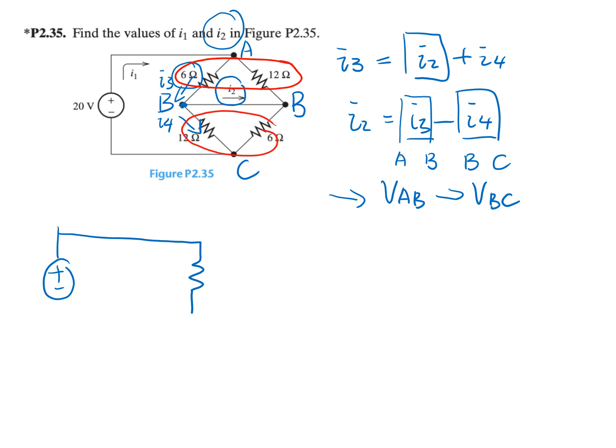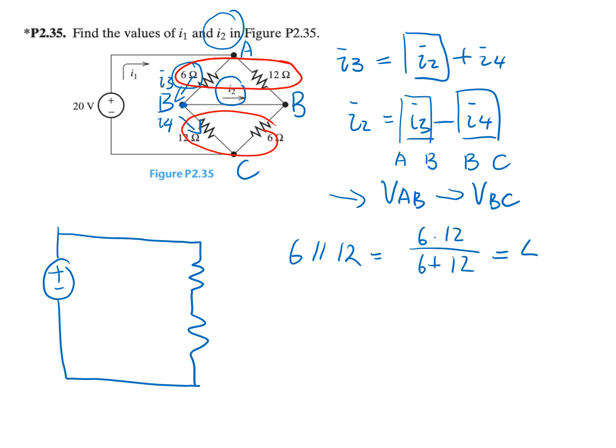Then we will have a circuit with 6 in parallel with 12 ohm. That's 6 times 12 over 6 plus 12, and that's 4 ohm. So this is 4 ohm, and this is also 4 ohm. And this is 20 volt.